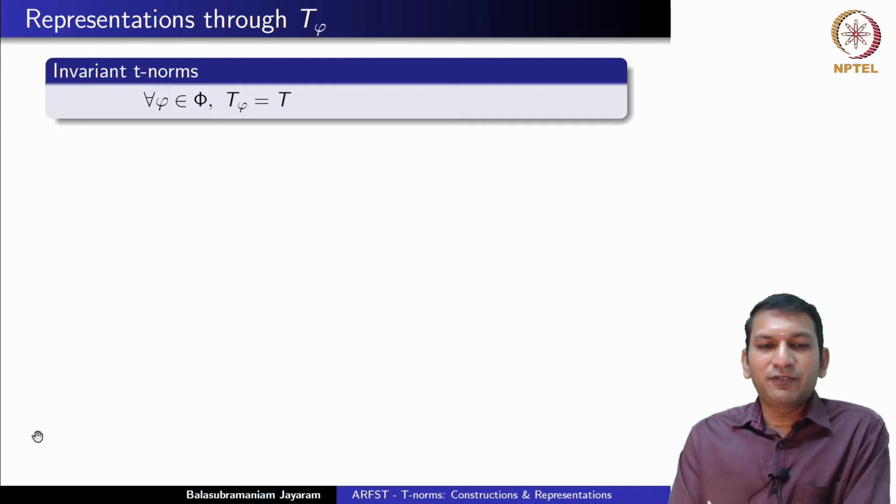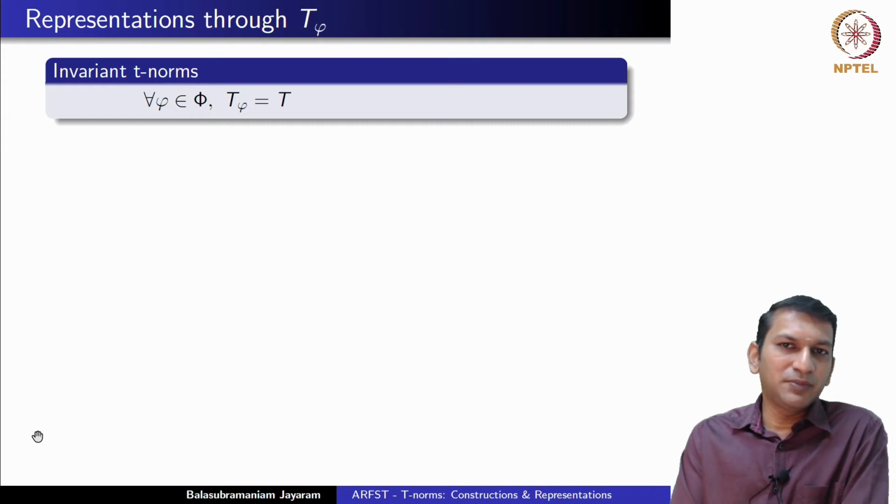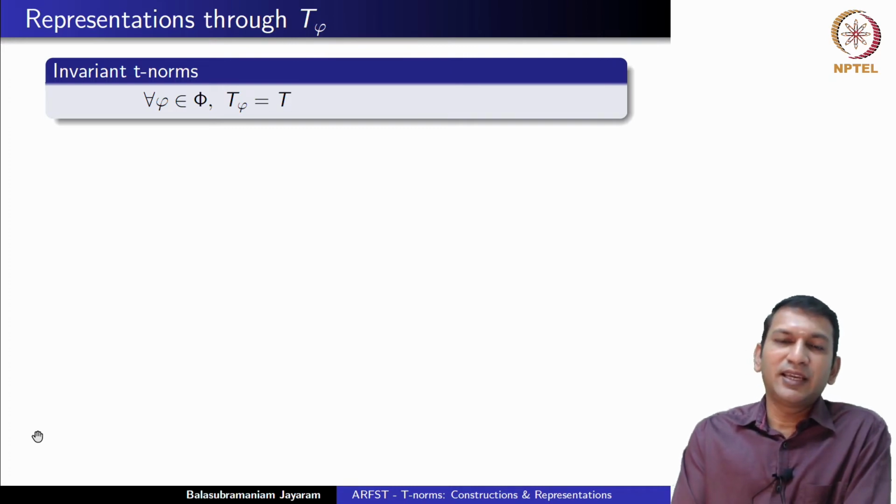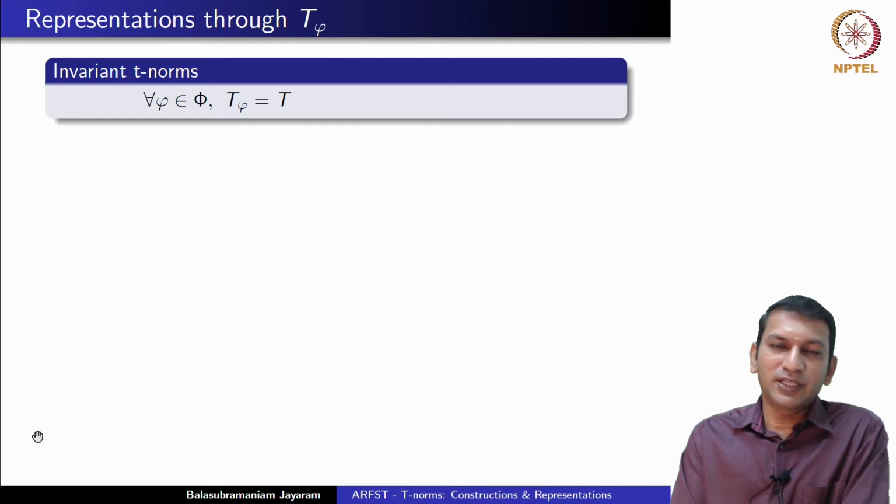Firstly, if you have a T-norm T such that for every increasing bijection on 0 1 that you can think of, the phi conjugate of that T happens to be T itself, like in the case of product T-norm, we took phi to be x square and we found that the phi conjugate of Tp was actually Tp. But for a different phi, it was not so.